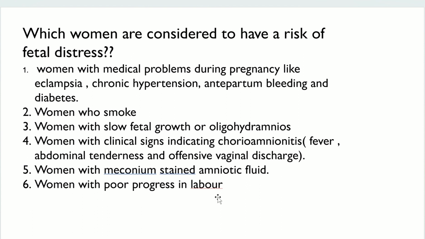So these are the women who are going to have a risk of the fetal distress. So you should know the situations which are highly risky for the fetal distress. So that's the point number 3.